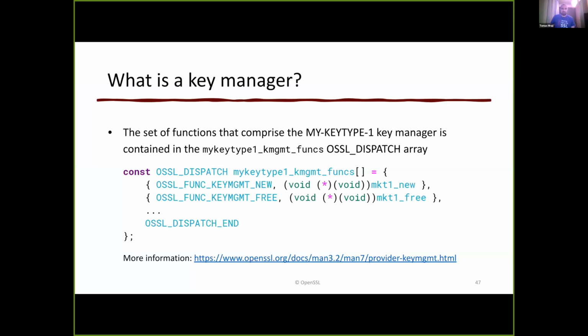The dispatch array, as Richard had in the previous talk, consists of a function ID and the actual function pointer that's cast to a void function without arguments. Of course, the reference documentation is linked here in the provider-keymgmt man page, which you can read on the website or read as a man page when you install OpenSSL.